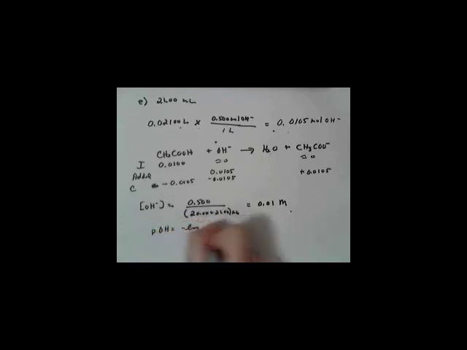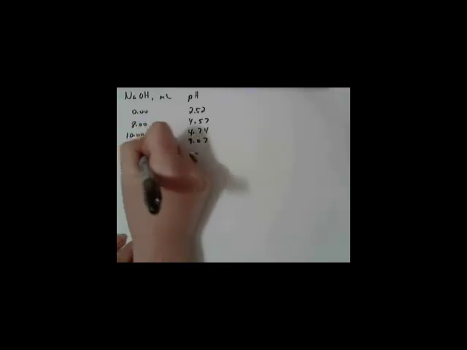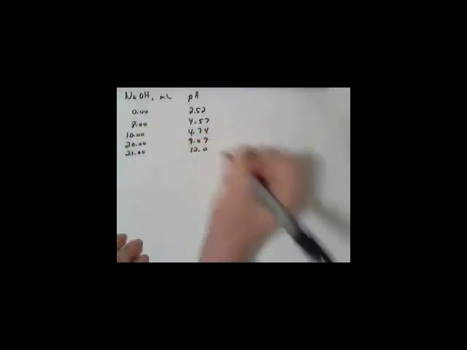That's going to be the negative log of 0.01 molar, and that's going to give us 2.0. So our pH is going to be 14 minus 2.0, and that's going to give us a pH of about 12. So let's go ahead and put this on our chart here. After 21 milliliters, our pH is 12.